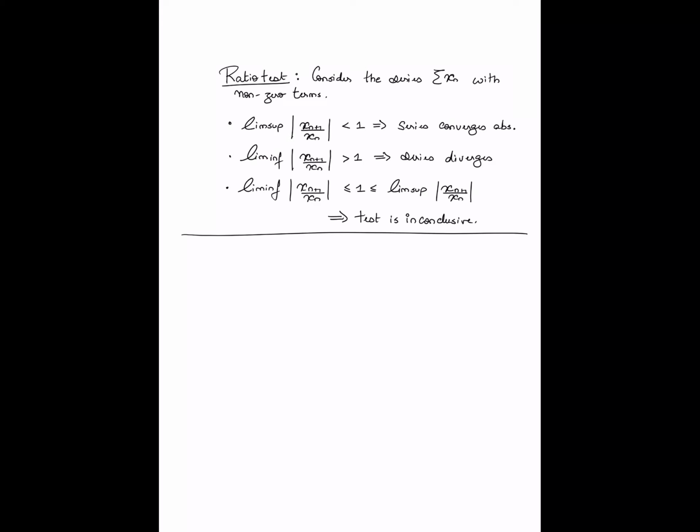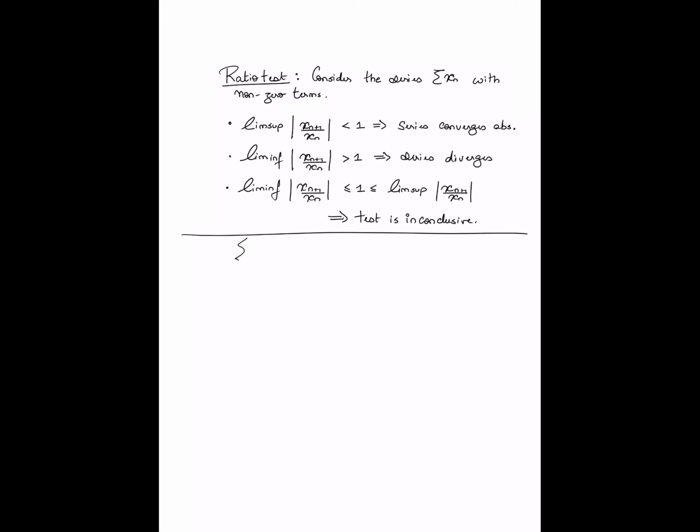We will make some comments on the relationship between the root test and the ratio test in a bit, but I should note that the ratio test is also primarily suited to those series where the dominant behavior of the summands is exponential.